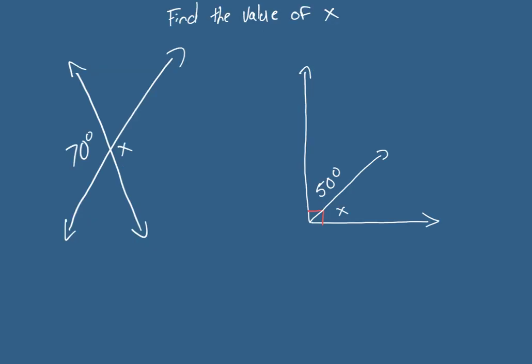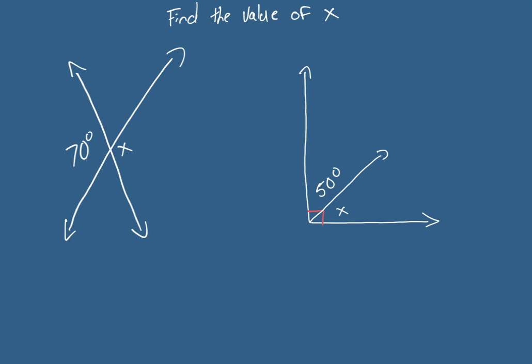Putting everything that we just learned together about complementary angles, supplementary angles, and now vertical angles, we're going to use that knowledge to find x. So let's look at this first example over here, on page 187 in your book. They want us to find the value of x.